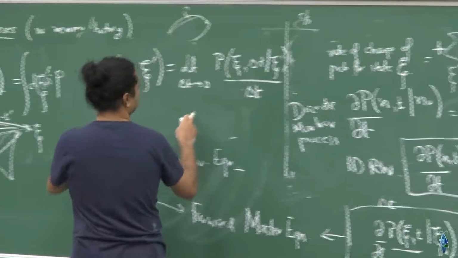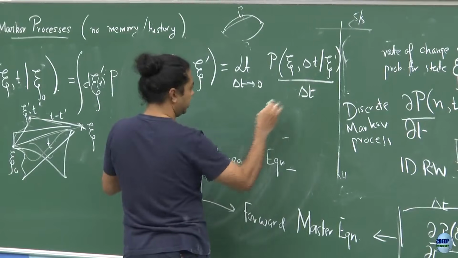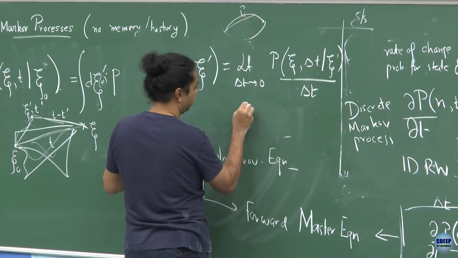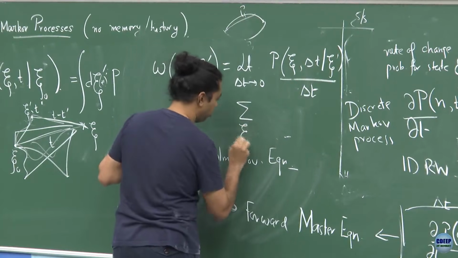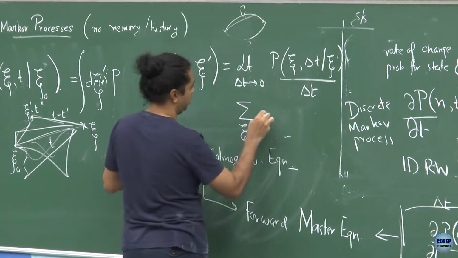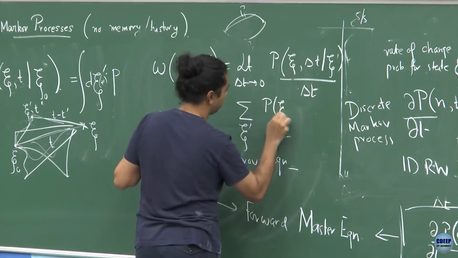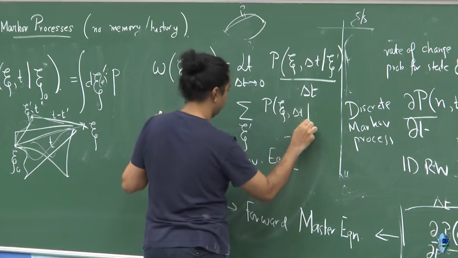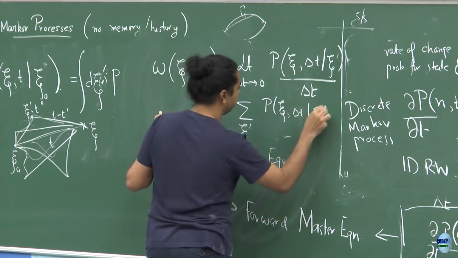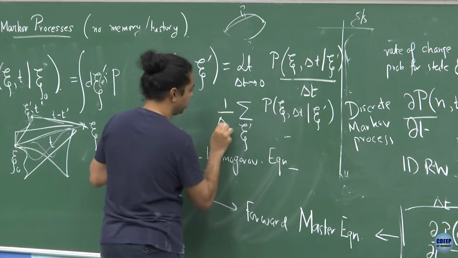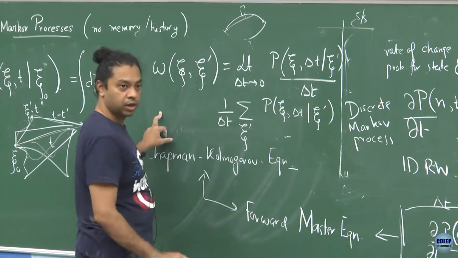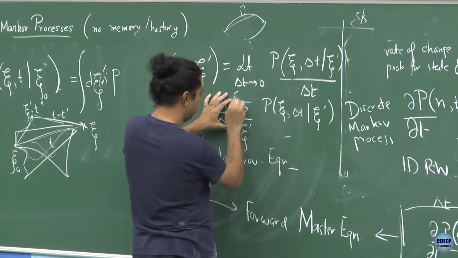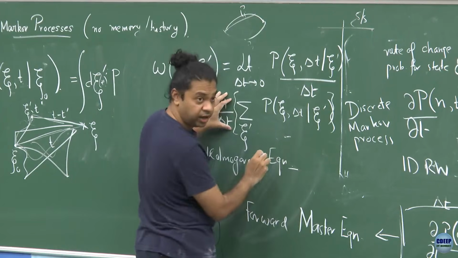So for example, if you are writing the sum over all possible xi's of p of xi comma delta t given xi prime, times 1 by delta t, this summation is 1.